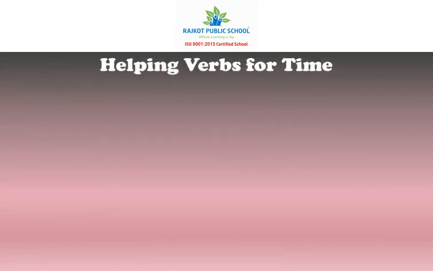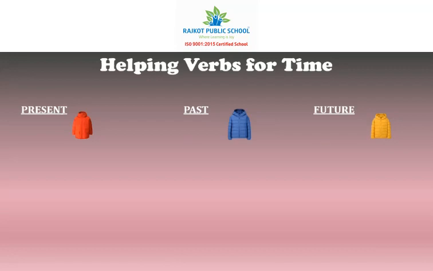Same thing we are going to do with these helping verbs. I will make them wear some jackets. Whenever in a sentence you see helping verbs like do, does, is, am, are, or has, have, then the sentence is of present tense. Whenever you see helping verbs like did, was, were, or had, then the sentence is of past tense.